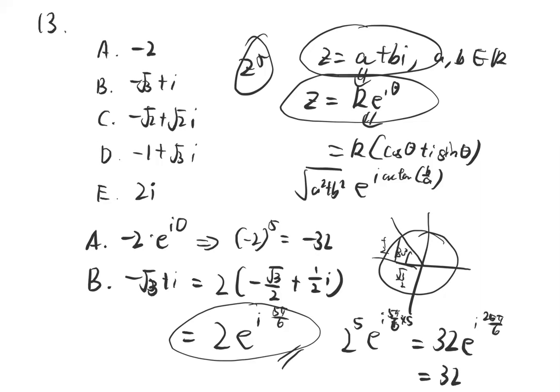I'm running out of space. So you have 25 pi over 6, and what you want to do is subtract 2 pi, because any angle minus 2 pi returns the original value.